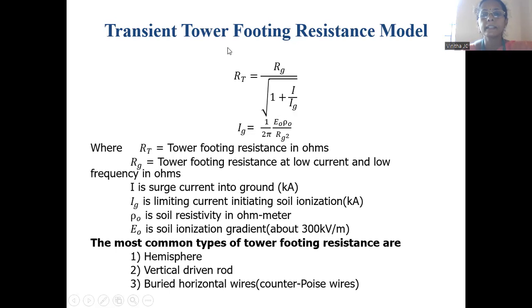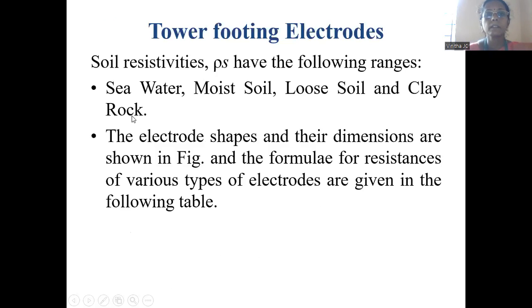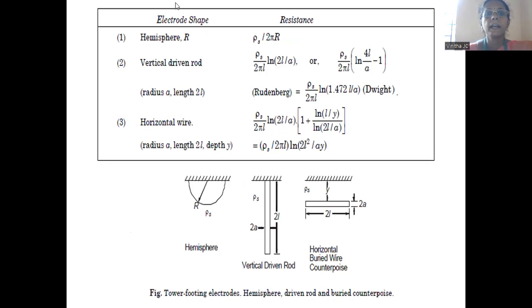While designing the tower footing resistance, it depends upon its arrangement. The types are hemisphere, vertical driven rod, and buried horizontal wires. Here the electrode shapes and corresponding formulas to calculate resistances are given. For the hemisphere, the formula to calculate resistance is rho s divided by 2 pi r.